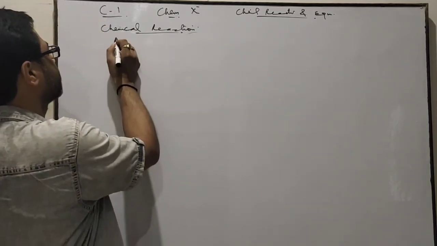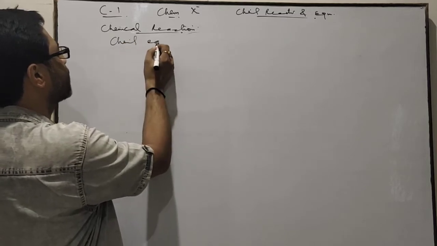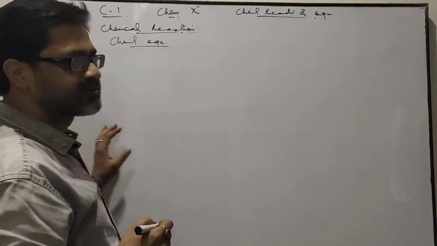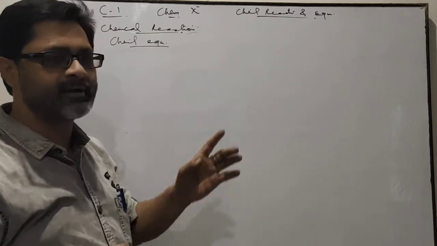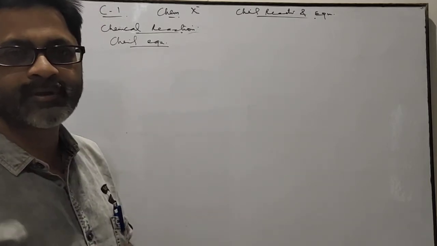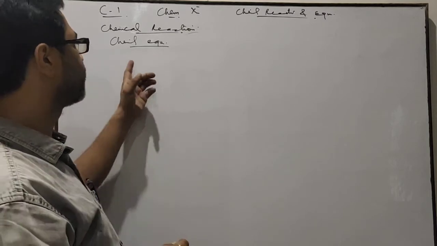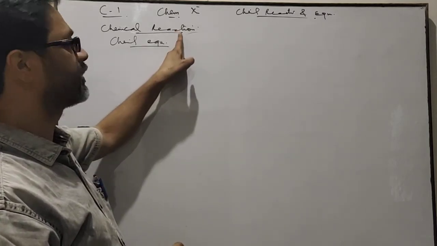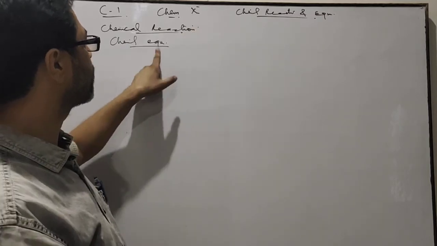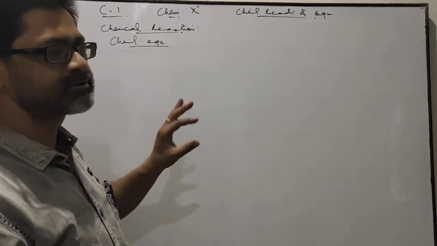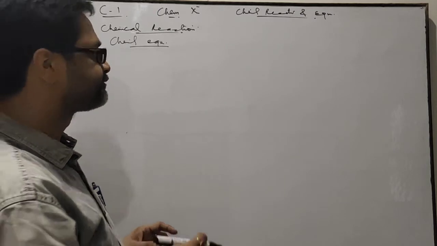What is chemical equation? The representation of chemical reaction in the form of symbol and formula is called chemical equation. Chemical equation is the representation of chemical reaction.